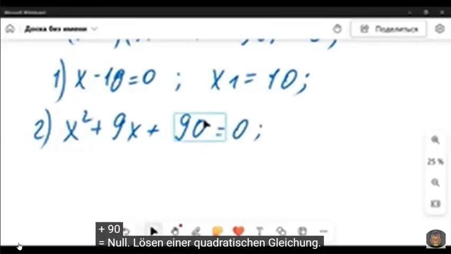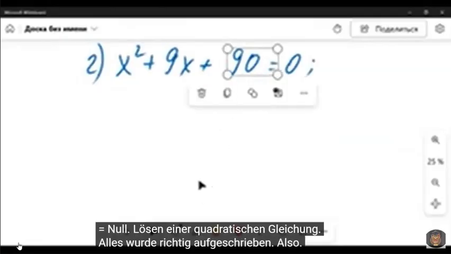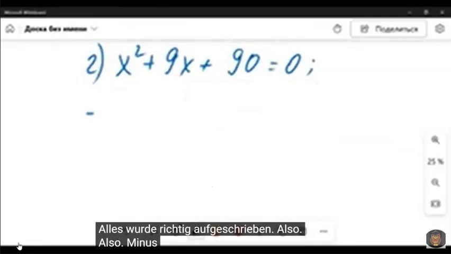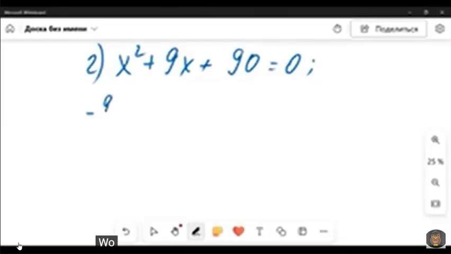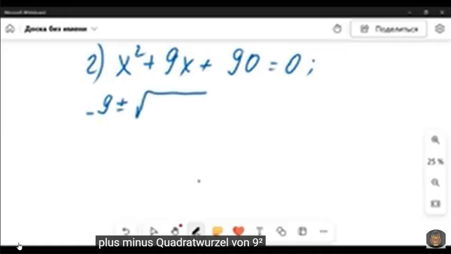We solve the quadratic equation. Everything is written correctly. x equals minus 9 plus or minus the square root of 9 to the power of 2 minus 4 multiplied by 1 and multiplied by 90, divided by 2 multiplied by 1.